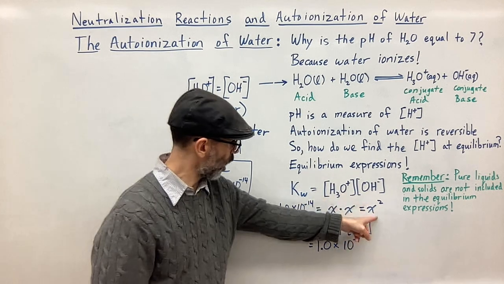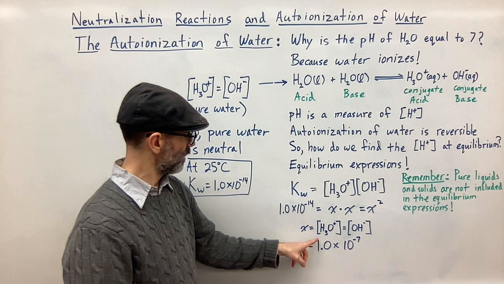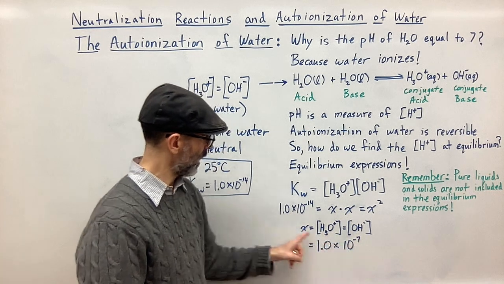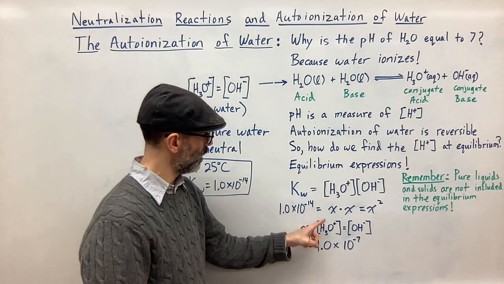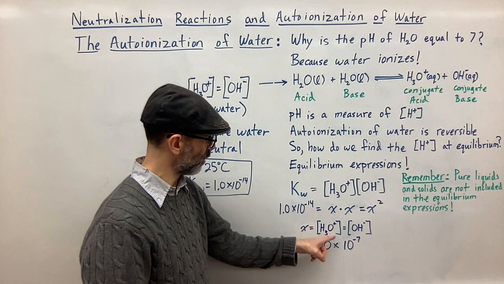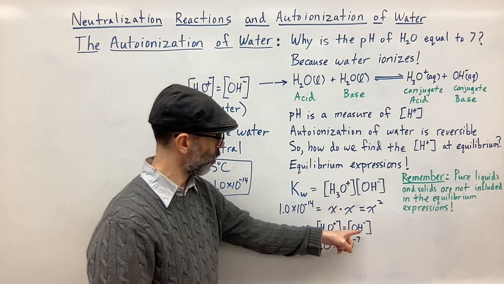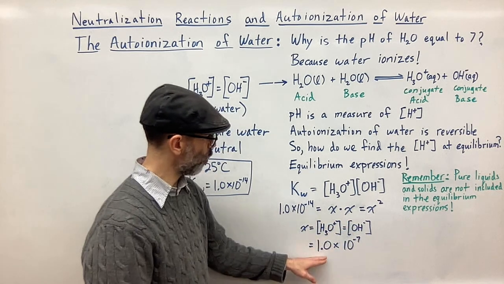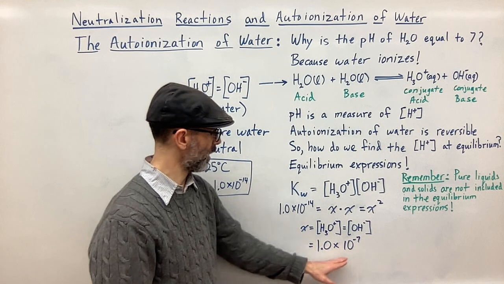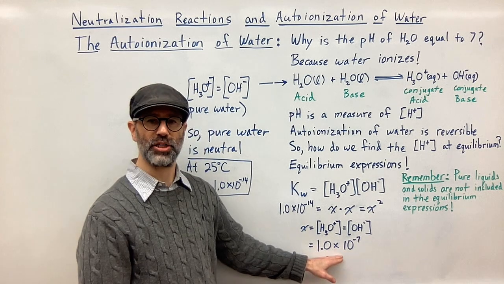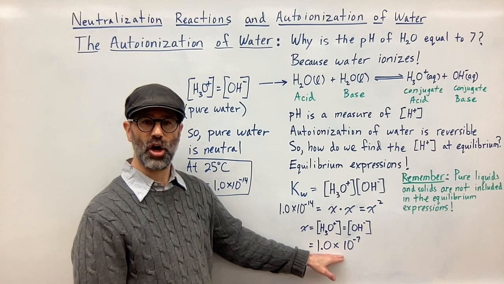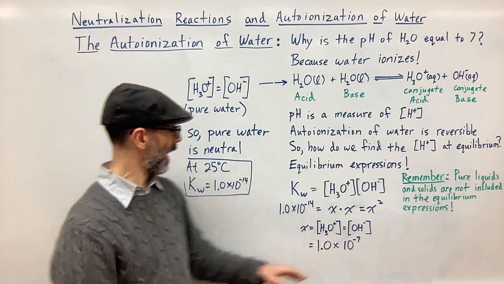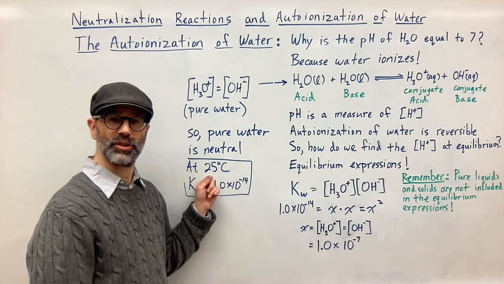If we solve for X, then X becomes 1.0 times 10 to the negative 7. And again, X is equal to the H3O plus concentration, and it's equal to the OH minus concentration because they're equal. So both H3O plus and OH minus are going to have this concentration here.